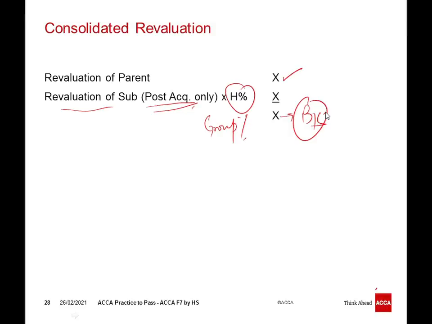So sometimes the examiner might ask you to calculate the consolidated revaluation reserves. The parent company's revaluation reserve will be reported totally on the balance sheet, but for the subsidiary company, only the revaluation that was done after acquisition.